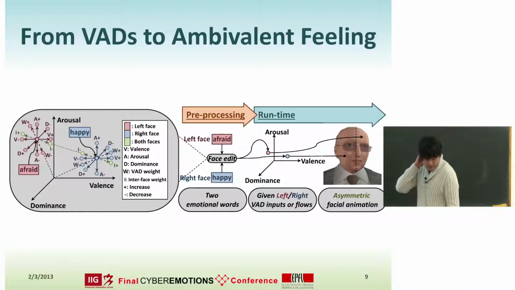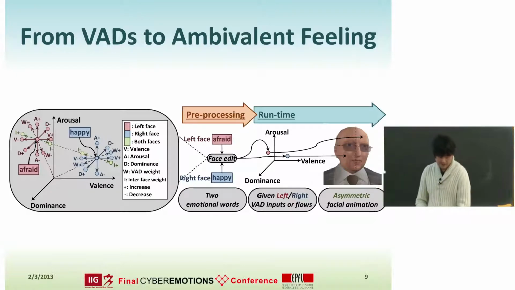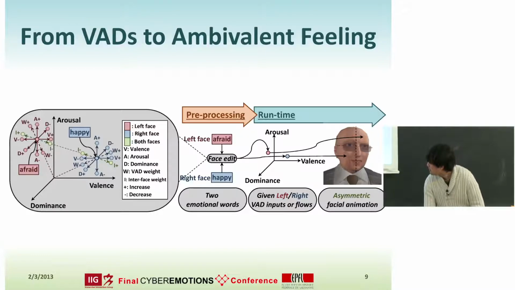And with this VAD to facial expression framework, we can create different types of asymmetric facial expression. The asymmetric facial expression is created with a very simple method. We choose two different emotional words for the left side and right side of the face, like happy and afraid.